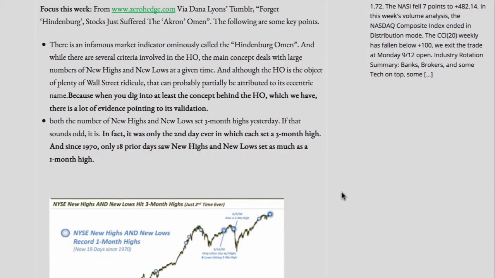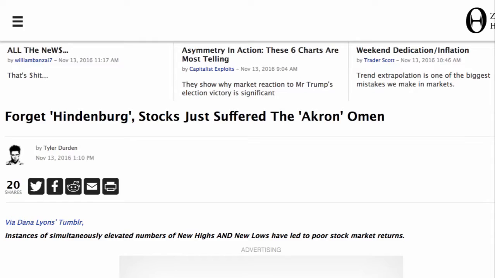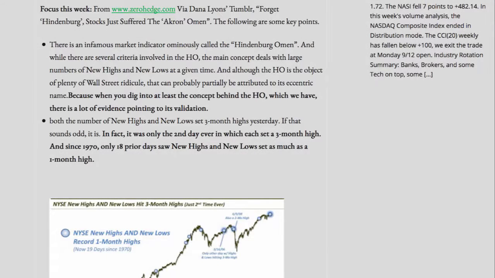Focus this week from www.zerohedge.com. Forget Hindenburg, stocks just suffered the Akron Omen via Dana Lyons's Tumblr. The following are some key points. There is an infamous market indicator ominously called the Hindenburg Omen, and while there are several criteria involved in the HO, the main concept deals with large numbers of new highs and new lows at a given time.